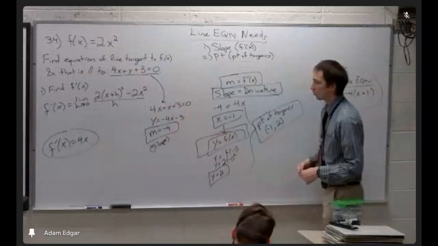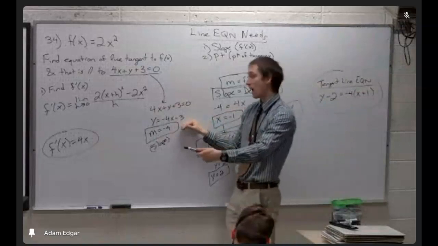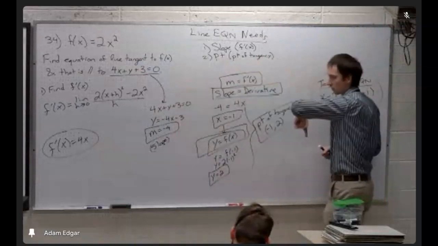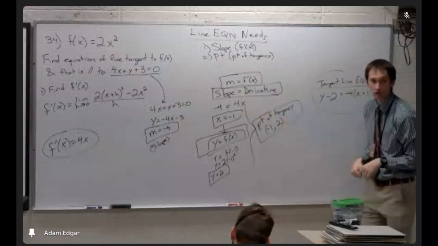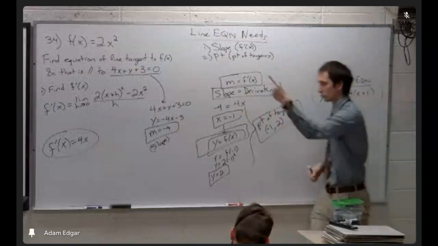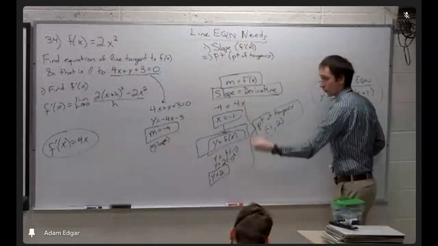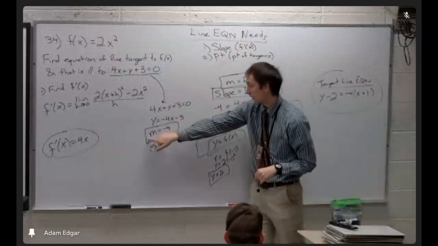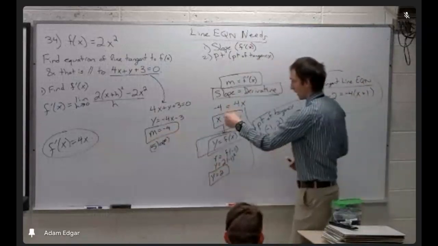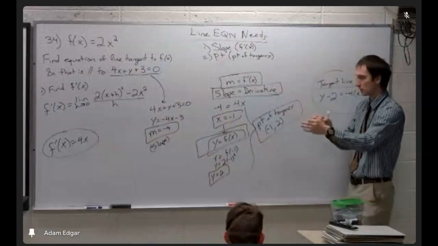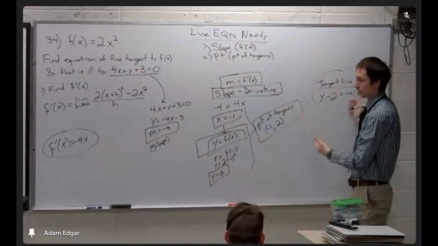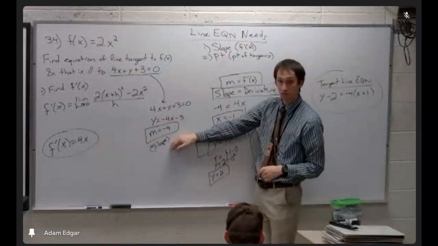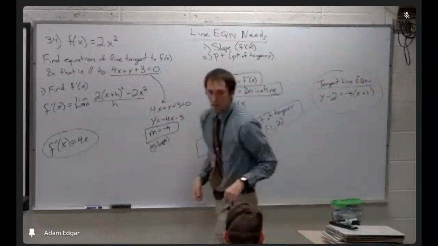Once we knew the slope from the parallel line, we set that equal to the derivative and used that to find our x. Once we've got our slope and our x, we've got to find our y. This is another reason why labeling stuff is so important. If you don't label things, like this is my m, this is my x, then you don't know what piece is what, and how it all fits together. So it's super important that we label stuff as well. Anything else?